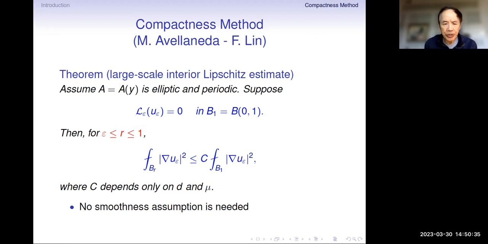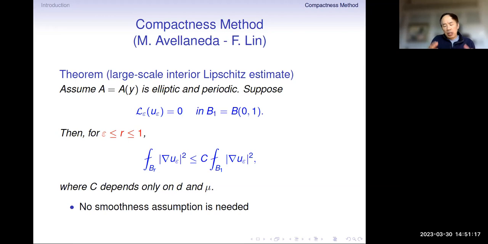The estimate is that if I take r between 1 and epsilon, so little r has to be greater or equal to epsilon, and you take the average, that integral, put a slash in the middle, meaning the average, the integral divided by the measure of the ball B_r, of the square of the gradient, it is controlled by a constant times the average of the square of the gradient over B1.